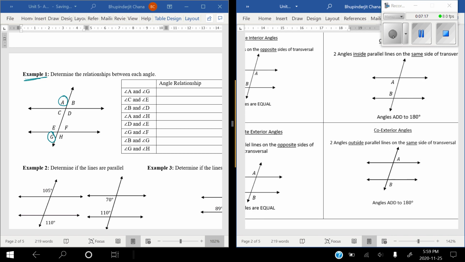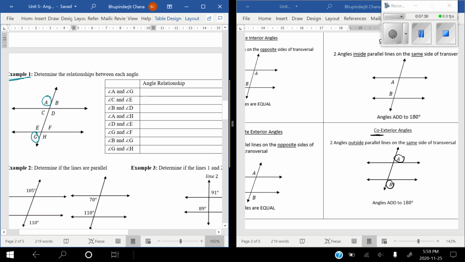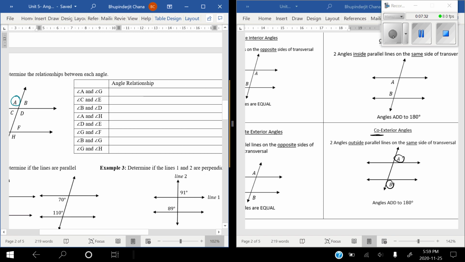So I'm going to go all the way over here. Oh, look, these look like co-exterior angles because they're both on the outside and they're both on the same side of that transversal line. So the relationship for this, I'm going to say, is co-exterior angles.